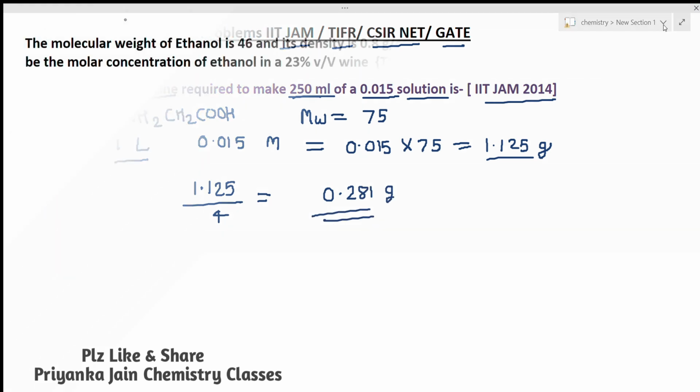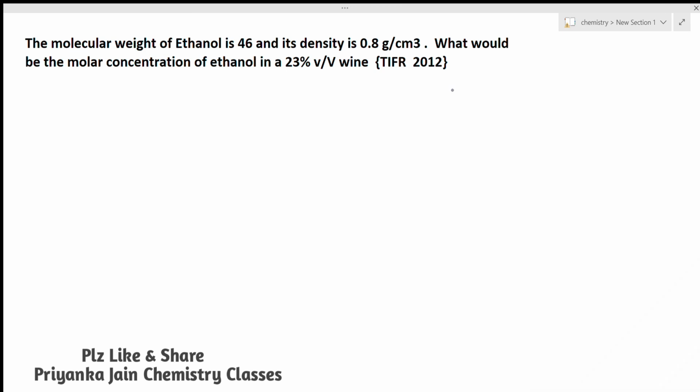Now see the next question. This question is from the TIFR 2012 question paper. The molecular weight of ethanol is 46 and its density is 0.8 grams per centimeter cube. What would be the molar concentration of ethanol in a 23% V by V wine solution? Volume by volume percentage is 23%.